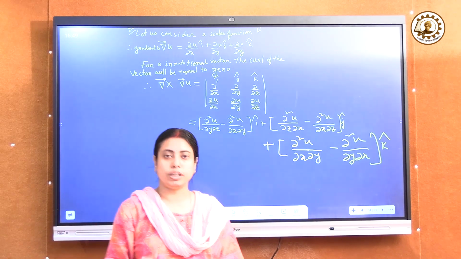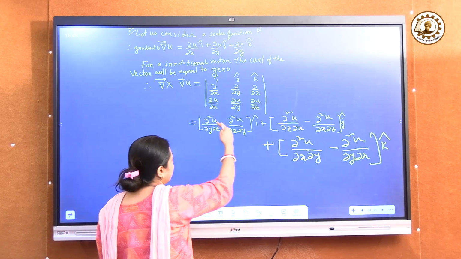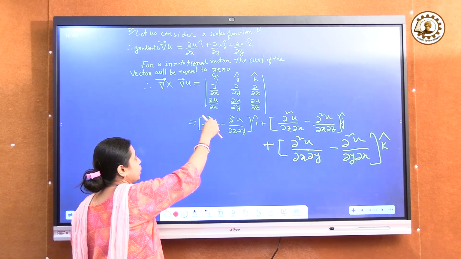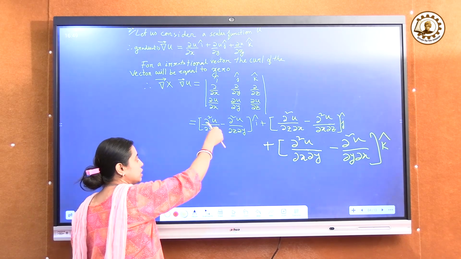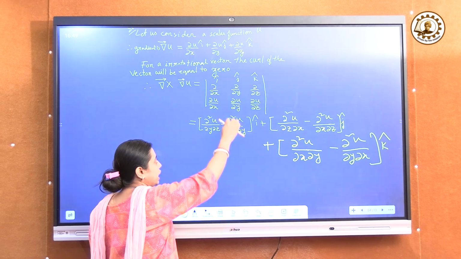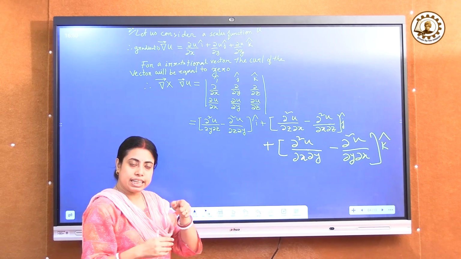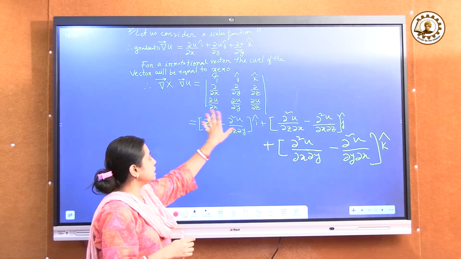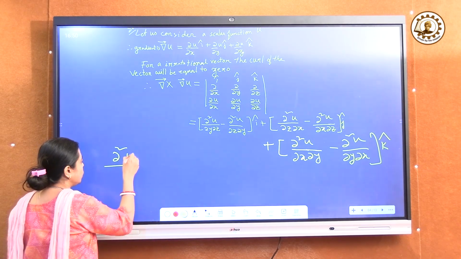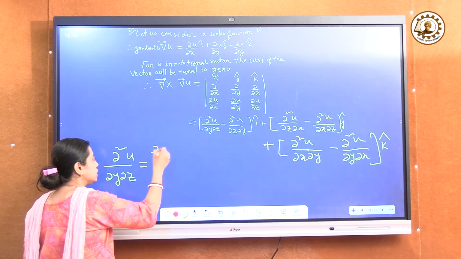Now we will use a logic. If you are taking a derivative two times, the order in which the derivative is applied is independent. Like if you are differentiating u two times, once with respect to y and again with respect to z, then del 2u del y del z minus del 2u del z del y, the order does not matter, it will become similar, because it is twice differentiable.